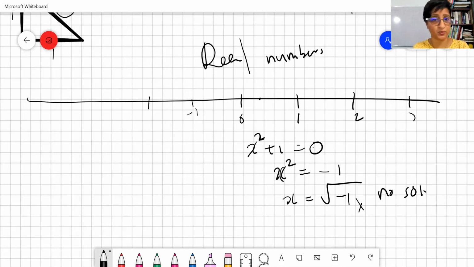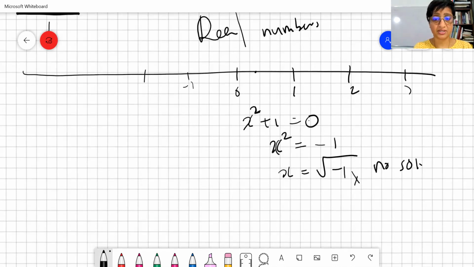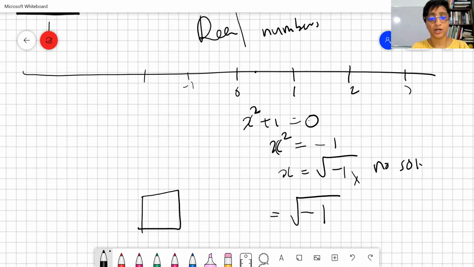Why did we say that? Because we don't have that number on this line. Why do we say that? Because if you want to think of the square root of -1, you have to show me a number that when multiplied by itself gives -1.